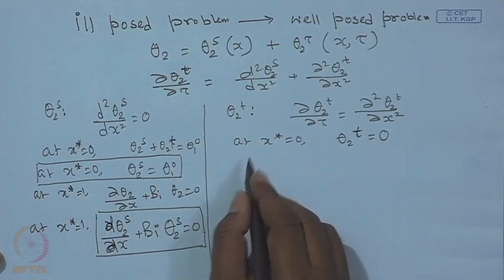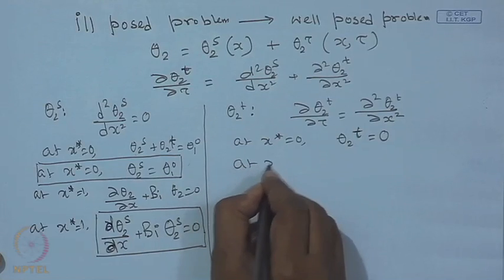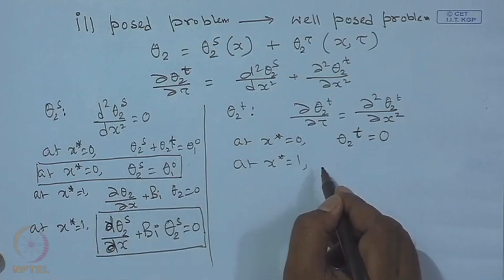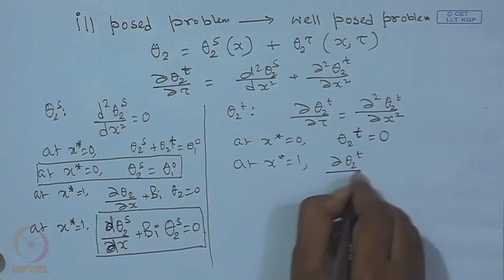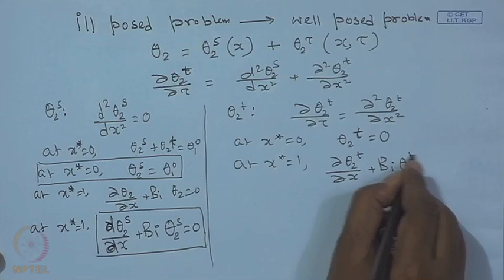And the boundary condition at x star is equal to 1 for theta 2 t will be del theta 2 t del x plus Bi theta 2 t is equal to 0.